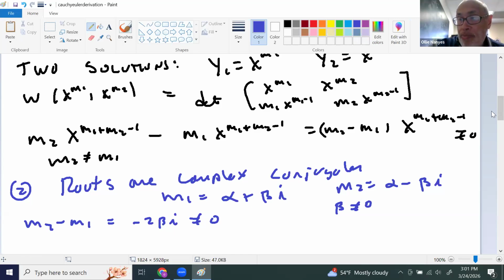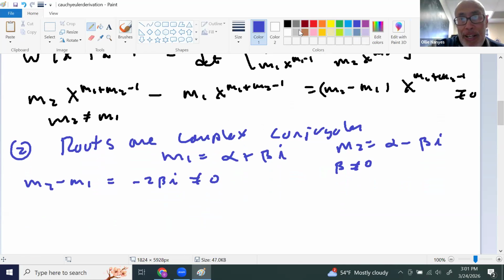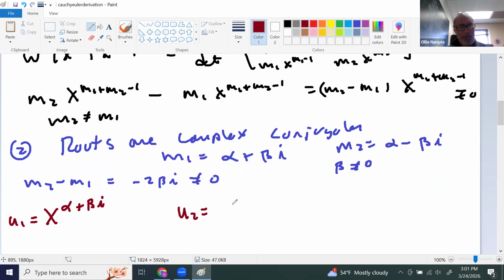So that's that. Now the issue here is you might say, well, x to the alpha plus beta i, what the heck is that? Well, let's call this u1 and let's call this u2.